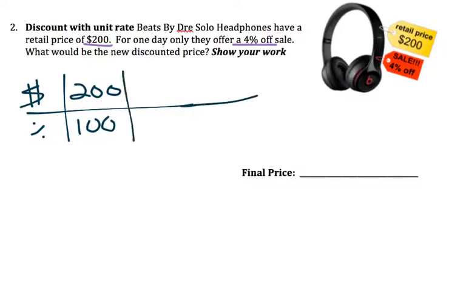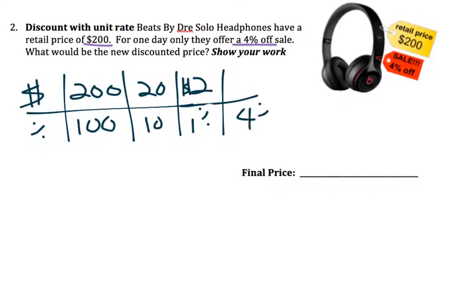One way would be to divide by 10, and then divide by 10 again, to find out that 1% is the same as $2. Then you can scale this up, multiply by 4, to get $8. And so that's how much the discount is going to be.